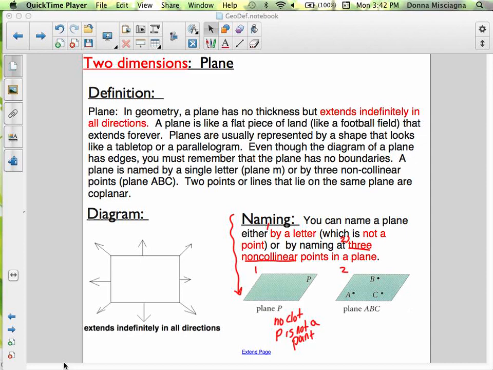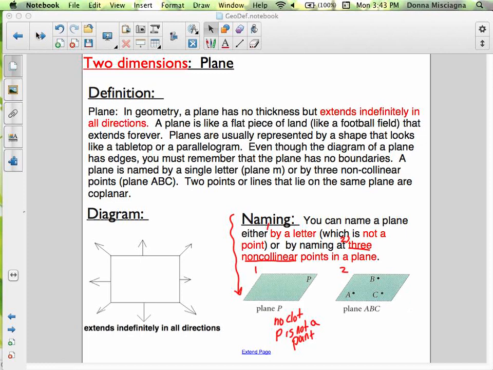If I have 3 points and they're all on the same line, that isn't showing 2 dimensions. We want to make sure we show 2 dimensions. So that's why we can't use 3 points that are on a line. So 3 points is all we need to show a plane. We just have to make sure they're not all on the same line. Okay? And so make sure you add the ways you can name a plane in your notes and the 2 diagrams that show those 2 ways.